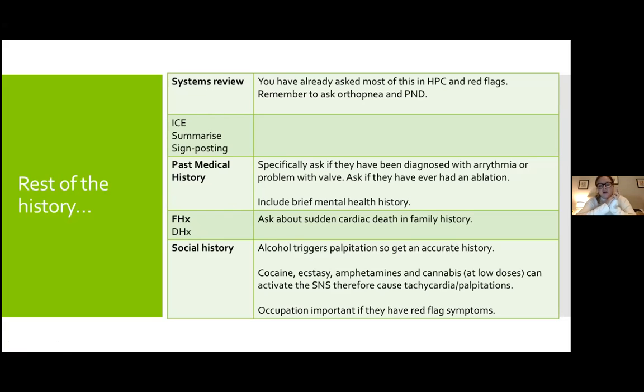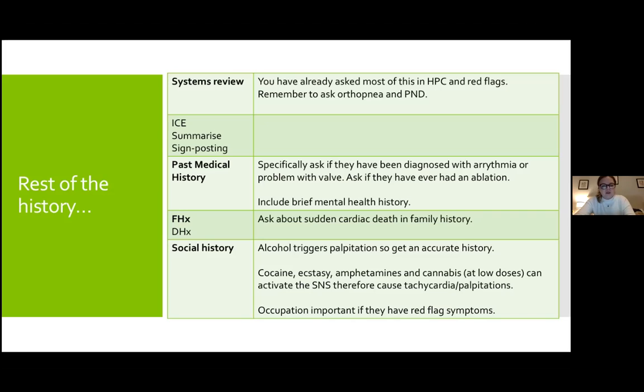But make sure in cardiovascular wise you ask about orthopnea and PND. And the past medical history things that are good to ask in terms of palpitations are whether they've ever been diagnosed with an arrhythmia or a problem with their valve, and ask if they've ever had an ablation. Patients might not know what that is, but if they don't know what it is, most likely means they've probably not had one.